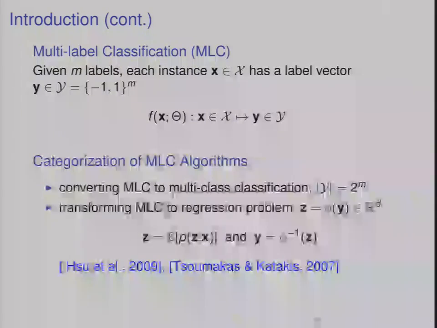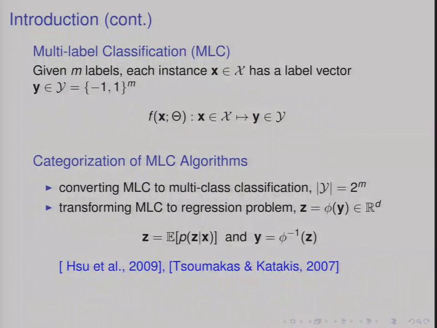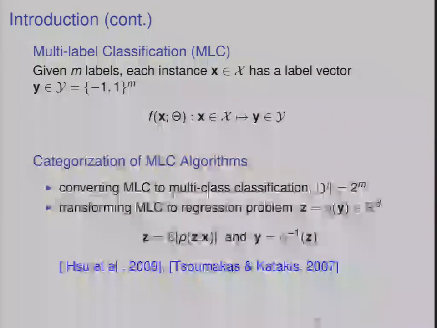There are also regression-based methods for MLC. Basically, they map the discrete label vector y to a real-valued vector space z, and then do regression. After that, they recover the label vector y by doing the inverse mapping.